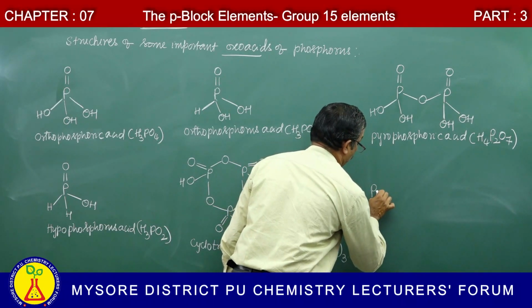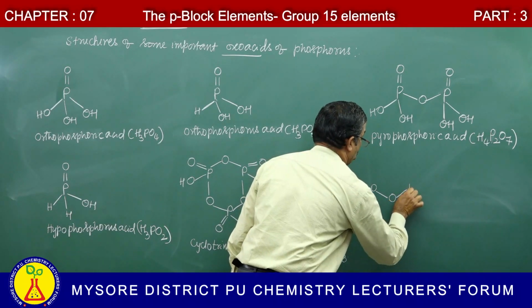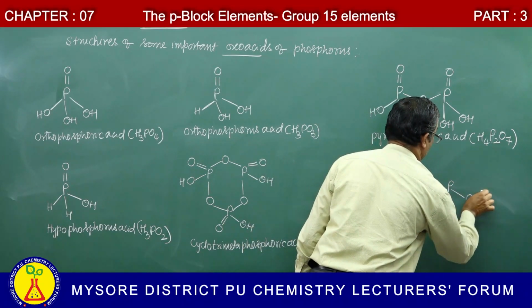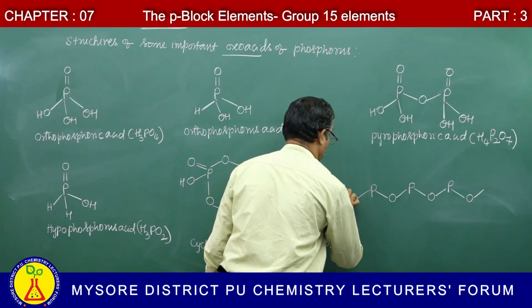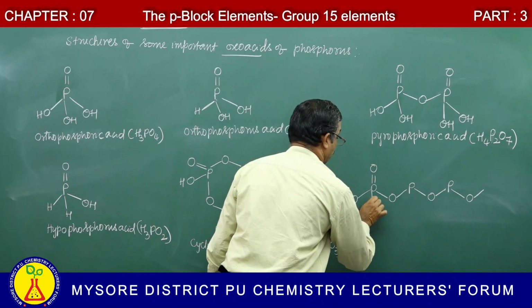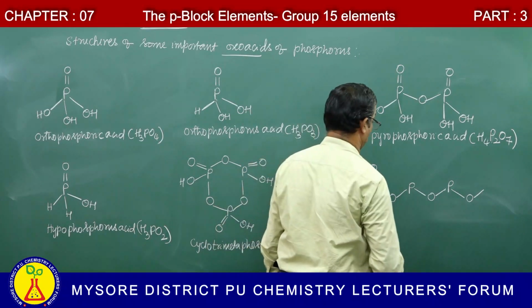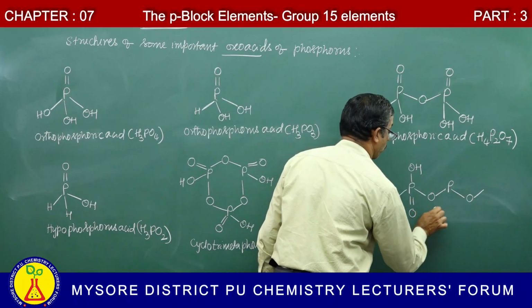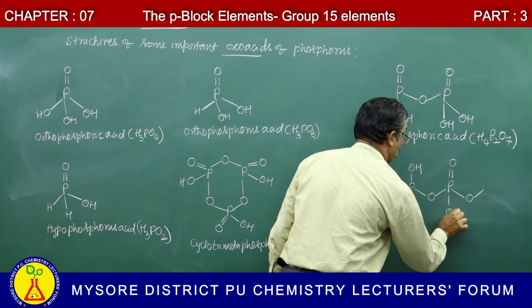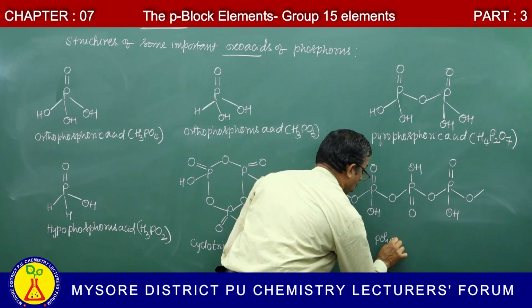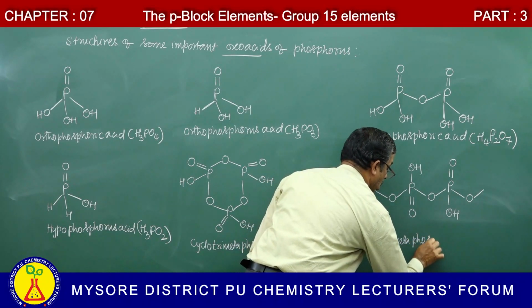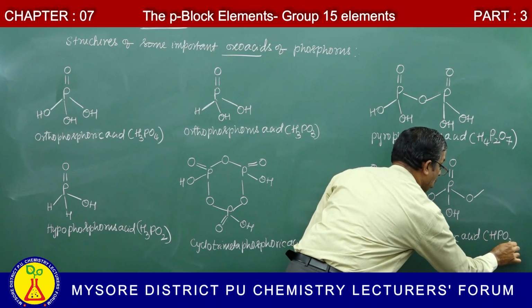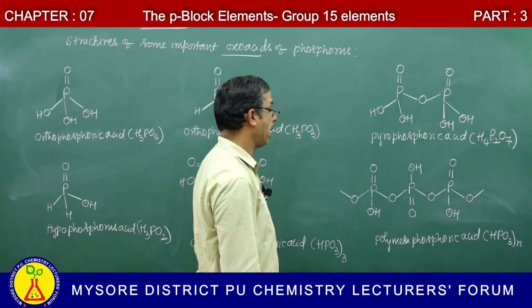Polymetaphosphoric acid, its formula is (HPO3)n.